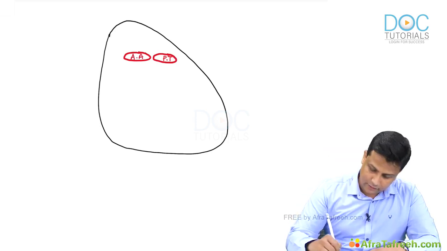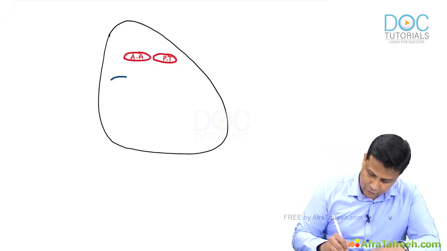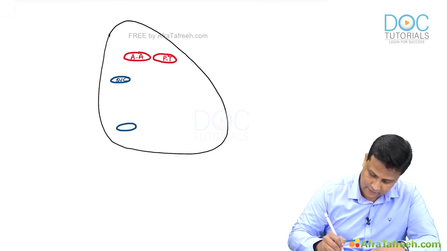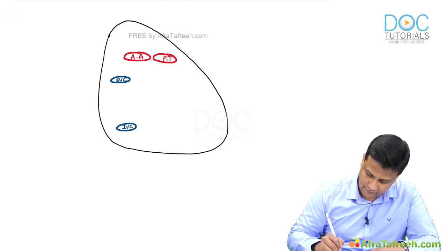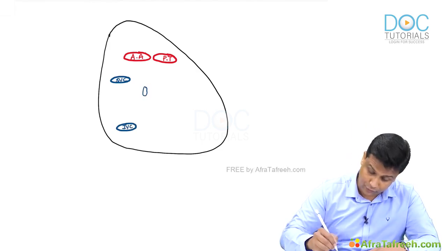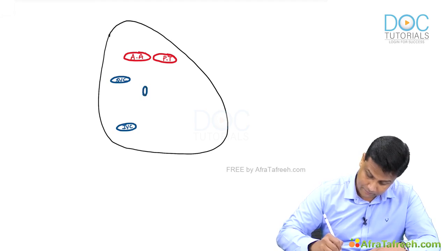Fine. And then here you will be able to find there will be opening for superior vena cava, and then there will be opening for inferior vena cava. This is SVC and this is IVC, inferior vena cava. And then you will be having like 4 pulmonary veins, guys. So 2 pulmonary veins from each lung.